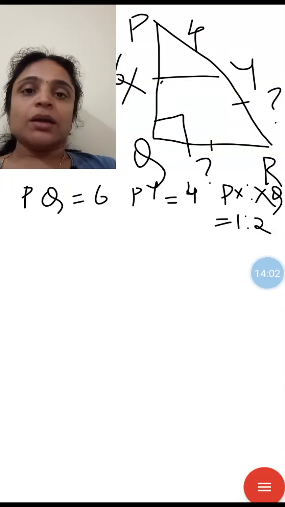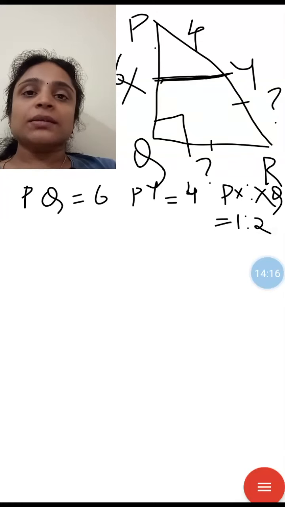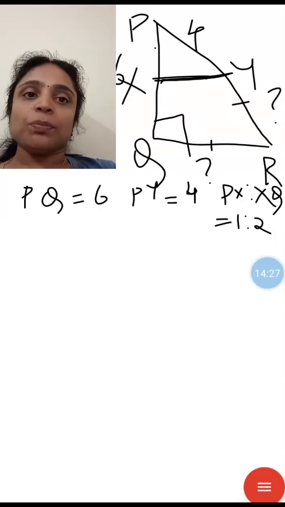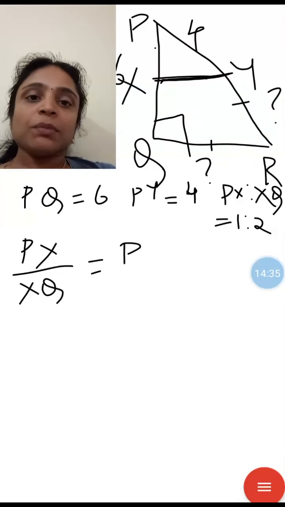By basic proportionality theorem, the parallel line will divide the other two sides in the same ratio. That is, PX by XQ will be equal to PY by YR.